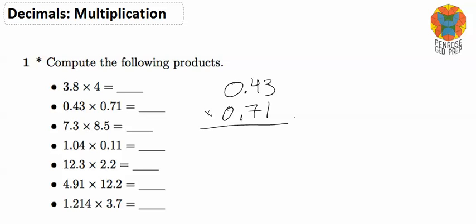So to start, we have 1 times 3 is 3, and 1 times 4 is 4, and then 1 times 0 is 0. Then when we move on to the next row, we put a 0 here, and we take 7 times 3, which is 21.